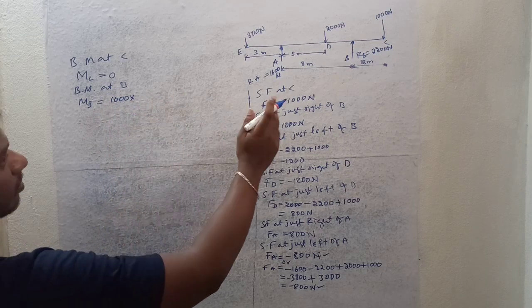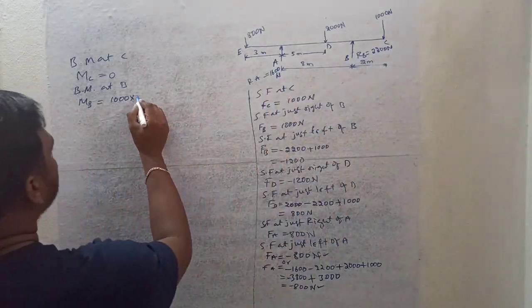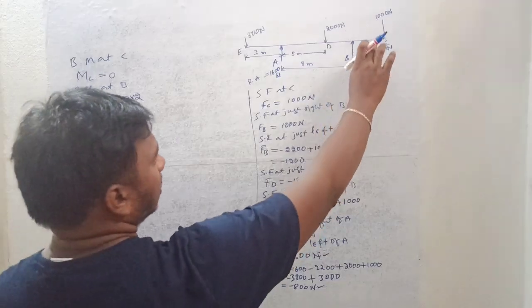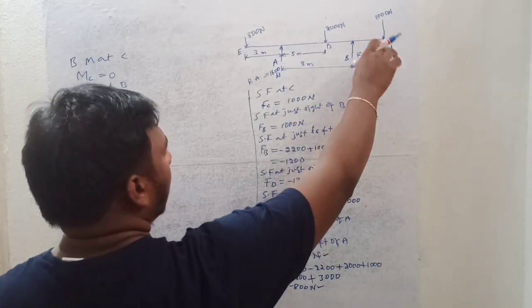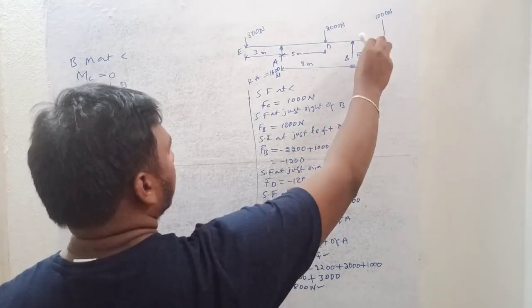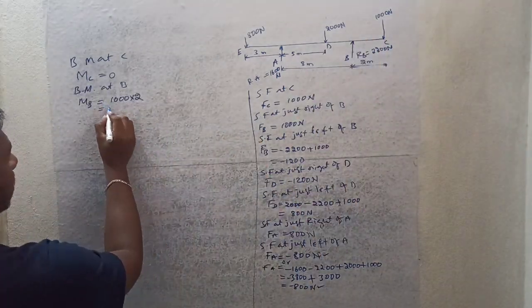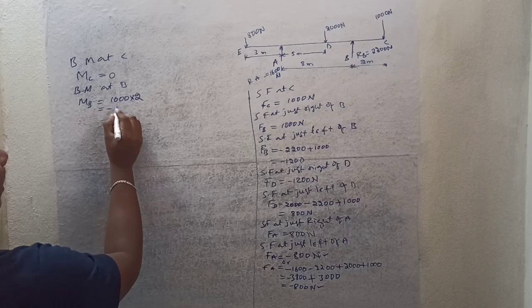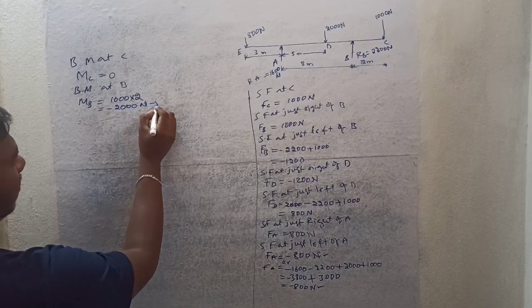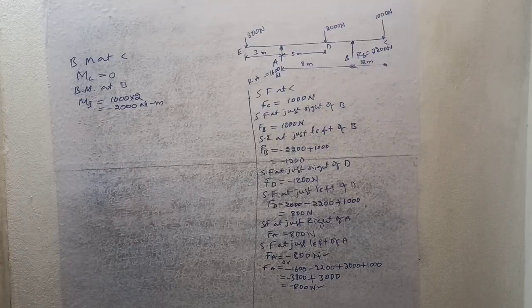What is the distance from B to C? It is 2 meters, right? And what is the sign convention we have to apply? It is hogging moment. This beam may bend downward, right, like this. Okay, so it is a hogging moment. That is the reason we have to take it as negative, and it is 2000 Newton meter. This is the bending moment at B.